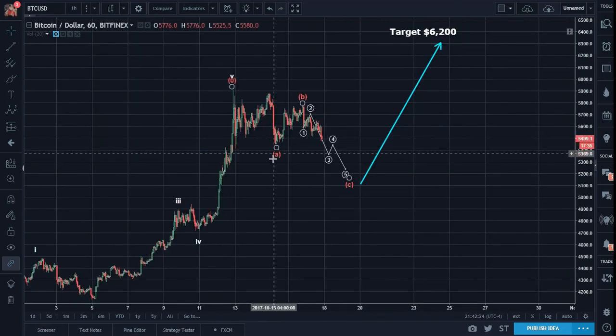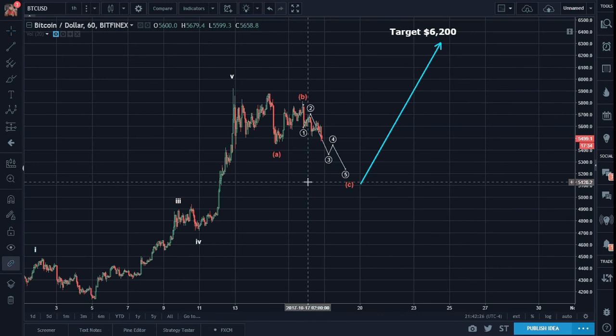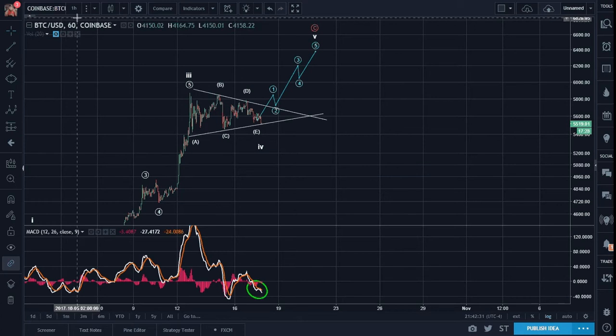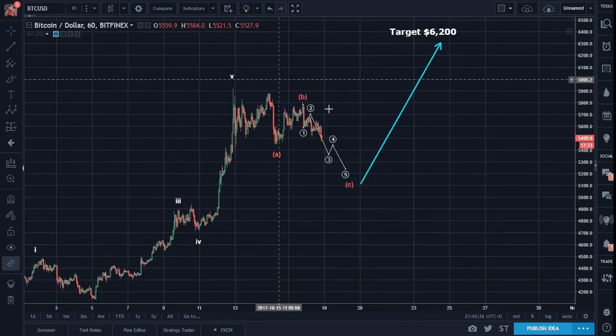So here's a higher resolution at 1 hour. The one before was 1 hour also, but in a less zoomed-in format.